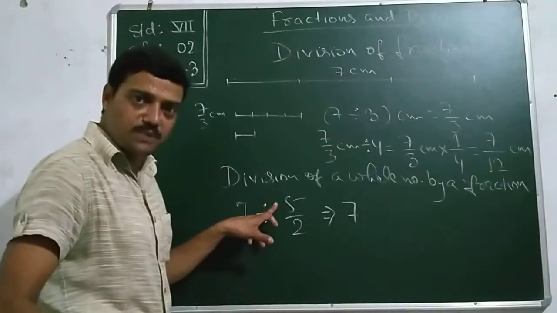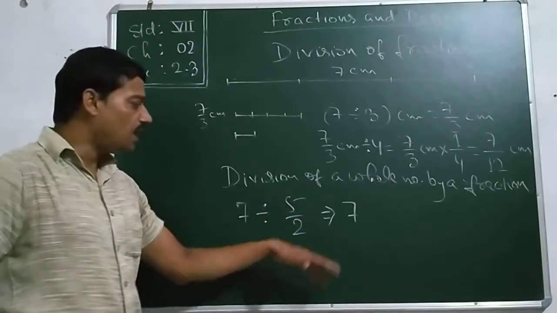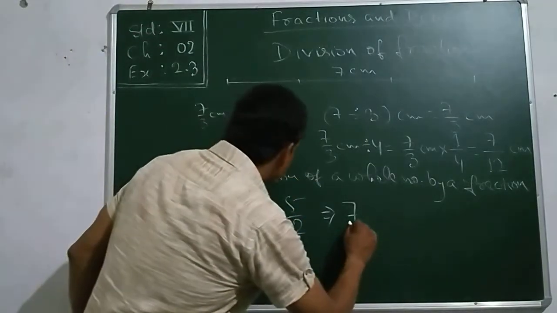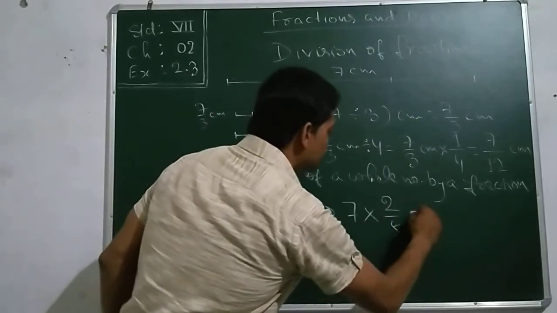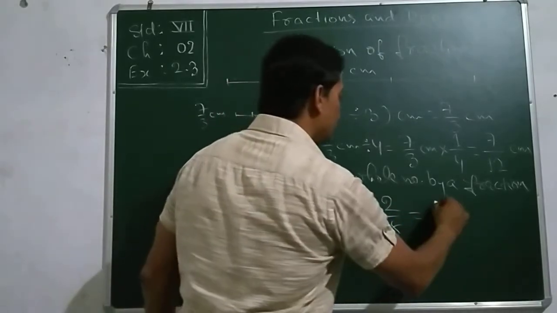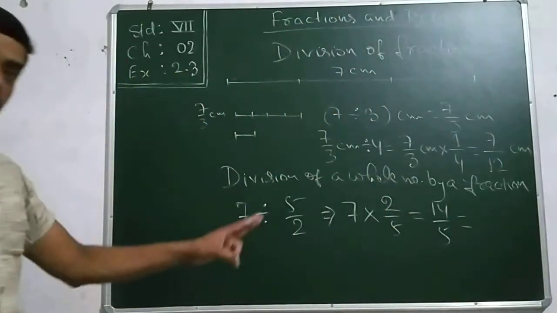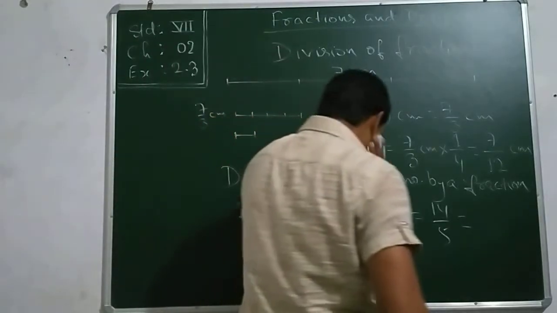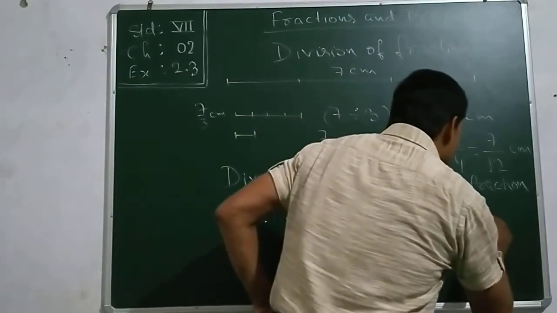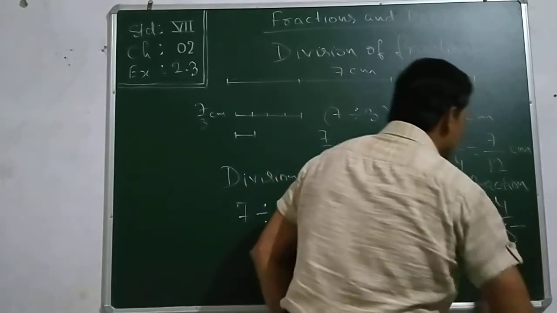I will also explain you the reciprocal while explaining the things, and 7 into 2 by 5. The resultant number will be 14 by 5. For convenience, we will write it in mixed fraction: 2 whole 4 by 5.